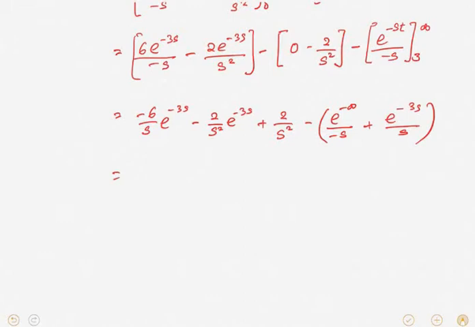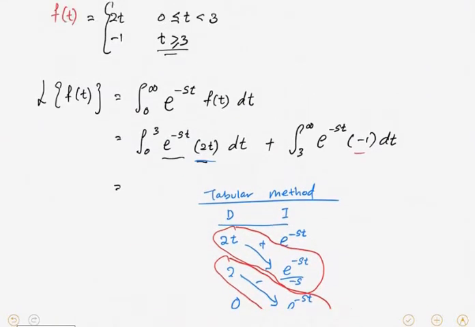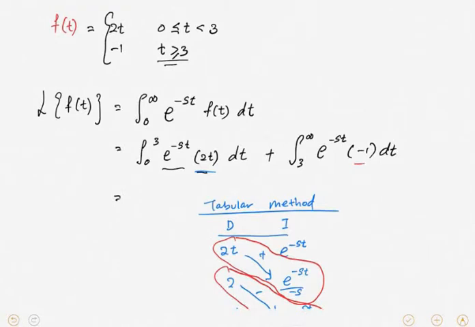Okay, and this one will equal 0. So -6 and -1, you have -7/s e^(-3s) minus 2/s squared e^(-3s) plus 2/s squared. Okay, so this is how to solve the Laplace transform using the formula of the Laplace transform.